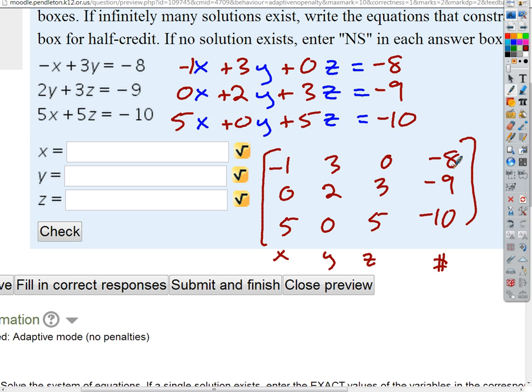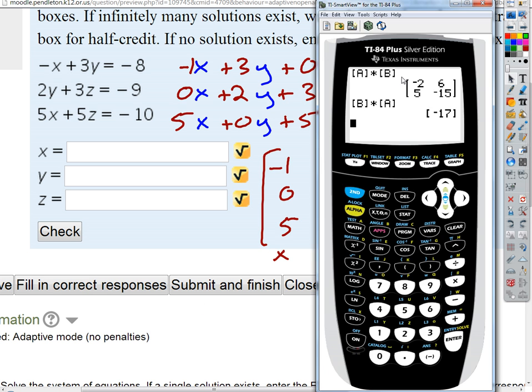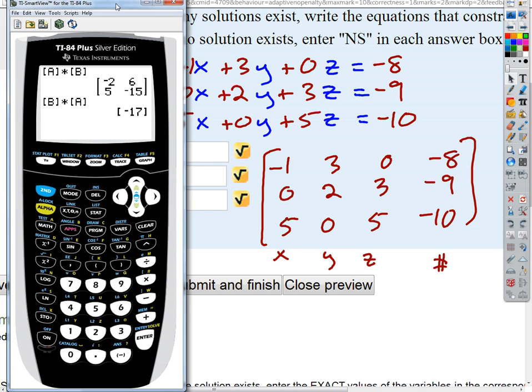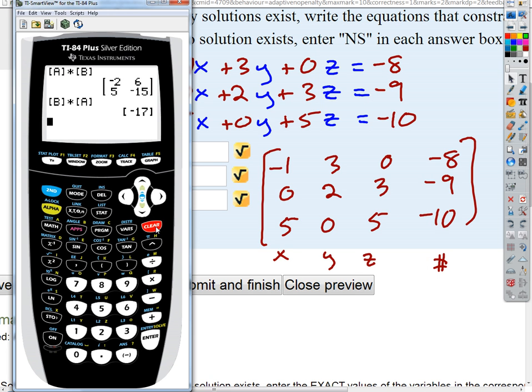So put that in our calculator. Okay, so we got to call up matrix A, and what are the dimensions going to be again? 3 by 4. Matrix, edit, A, 3 by 4.